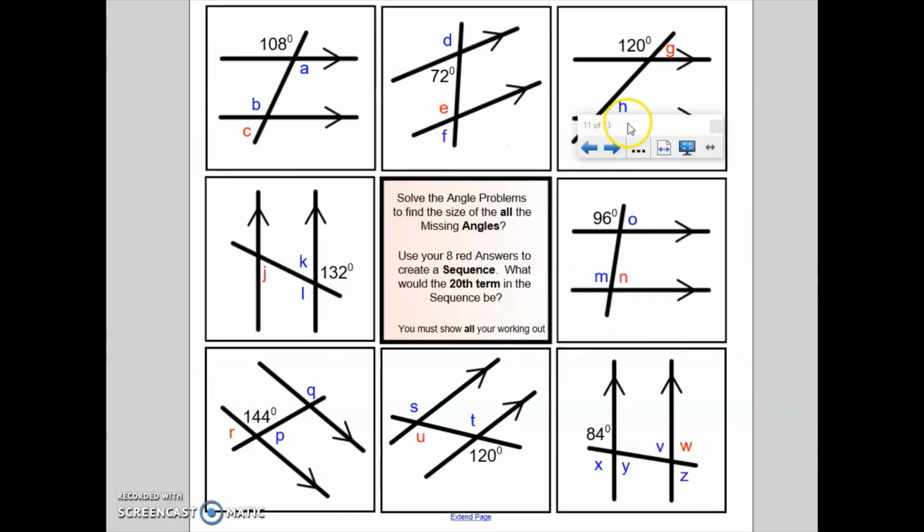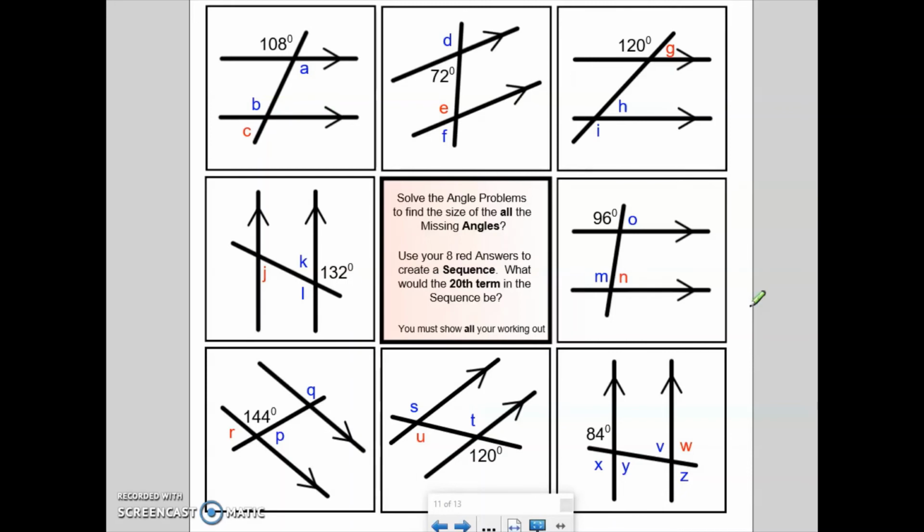Okay, so this is now the main task. A little bit of problem solving including angles in parallel lines. What your task is, I'd like you to solve all of the angle problems and find all the missing angles that are labeled.